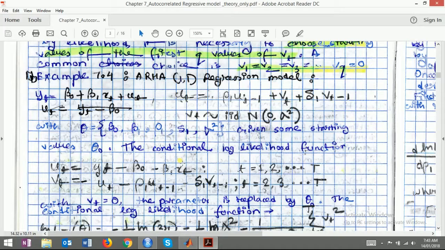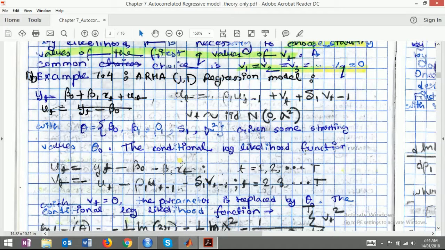Given some starting values of theta naught, the conditional log likelihood function is, first, ut equal to yt minus beta naught minus beta 1 xt, and vt, which is ut minus rho 1 ut minus 1 minus delta 1 vt minus 1, with v0 equals 0, the parameter replaced by theta naught, because vt is IID with 0 mean and variance sigma square.